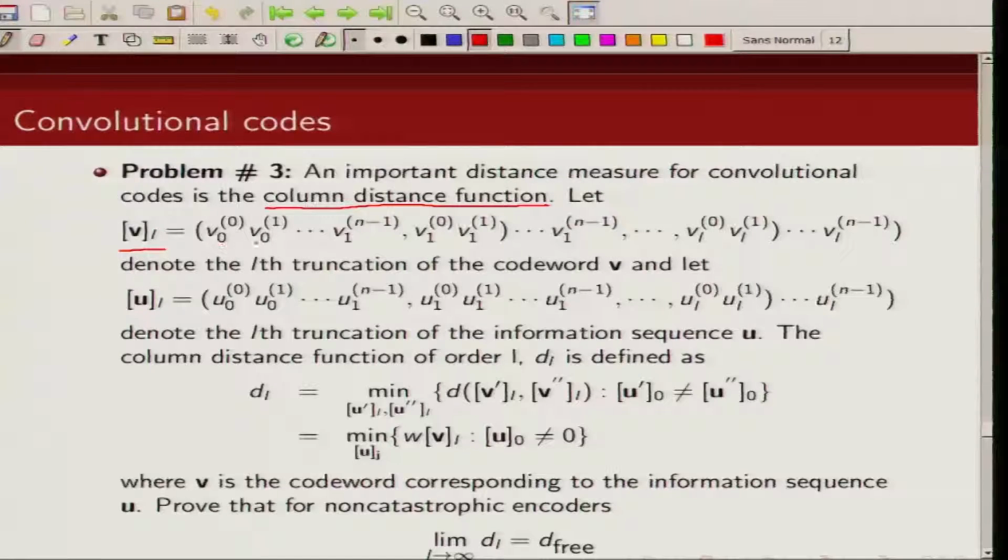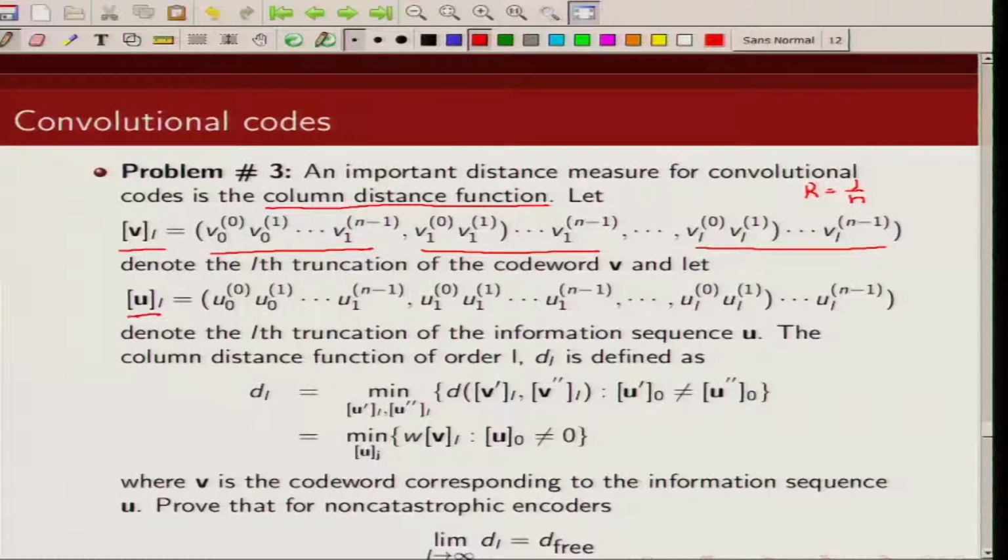So, this will be V0, V1, up to V n minus 1, then the next n bits, and so on. Because it is, let us say, a rate 1 by n code, for the first time instance you have n bits, second time instance you have n bits, and then for L time instances you will have n bits. So, this is your truncated code word up to time L.